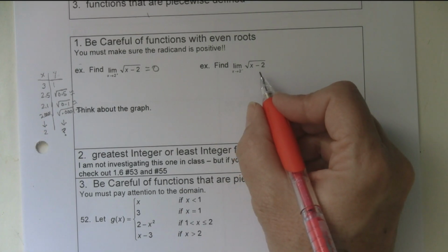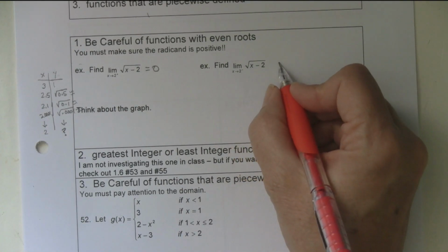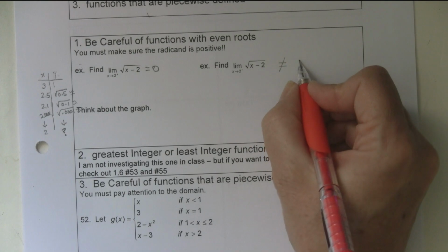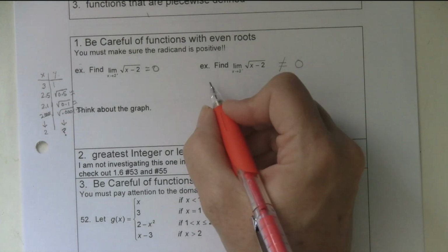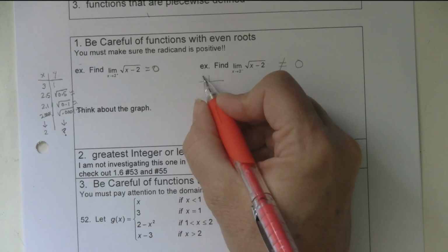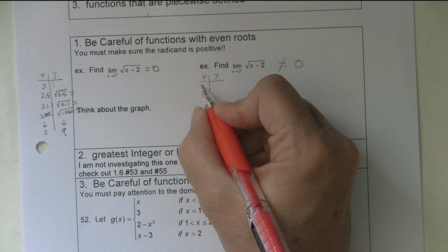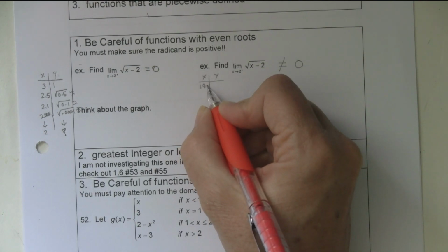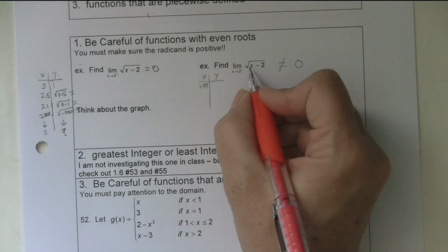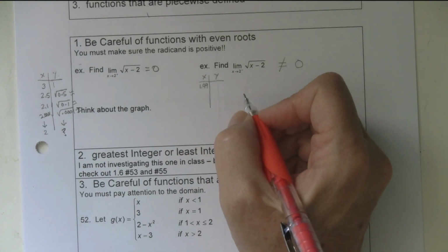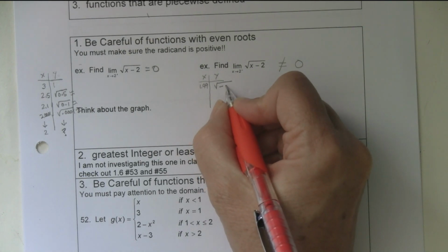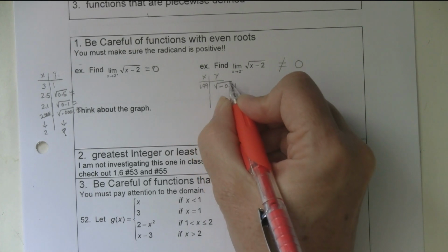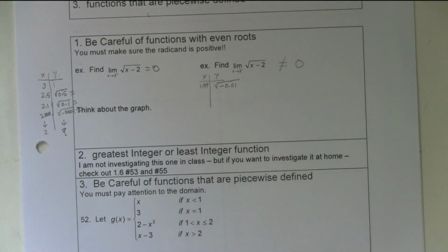Whereas this is not going to be the same answer. This is not going to be equal to 0. And the reason is that if you think about the table method and you start putting values in, like 1.99, for example, 1.99 minus 2 is the square root of negative, is it 0.01? I hope it is.